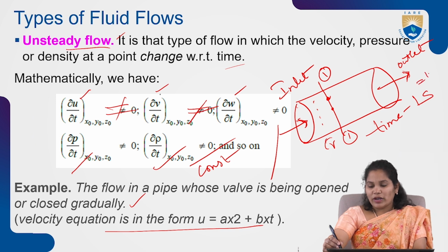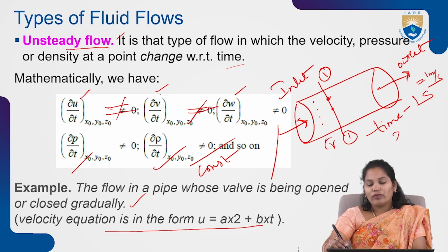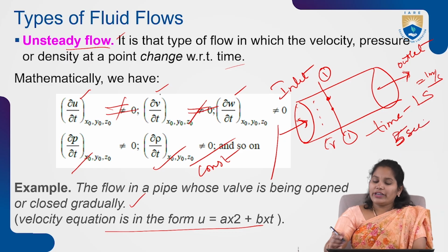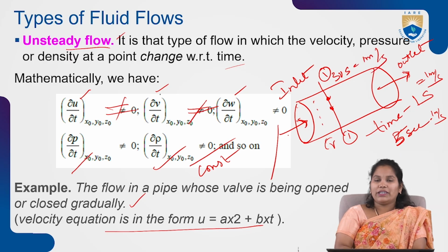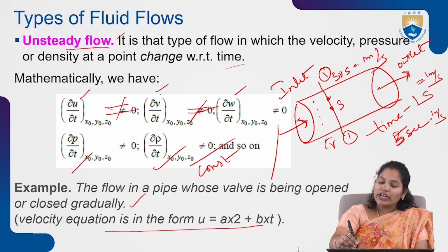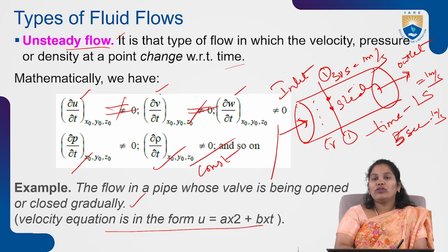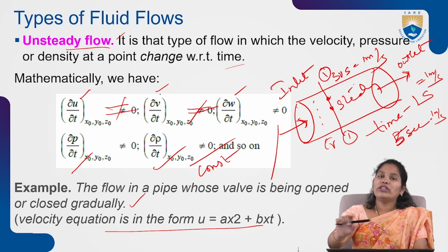The velocity is 1 meter per second, and after some time, at 5 seconds, I am calculating again velocity at this point. It is 1 meter per second. I am calculating the same at 30 seconds. At this point, the velocity is the same, 1 meter per second. This is the steady flow. At respective times, the velocity component is not changing.